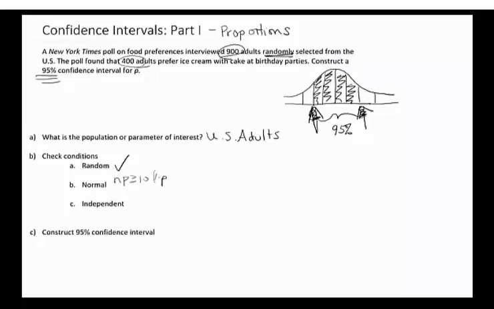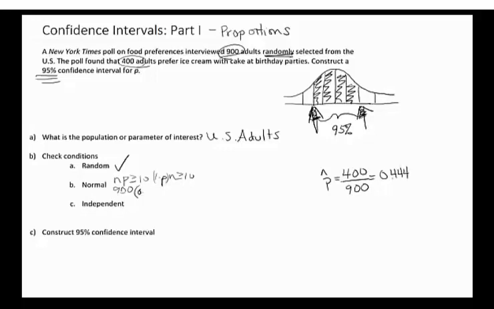So we've got to identify how many people are in our sample, 900, and what is our sample proportion. So we've got 400 out of 900. I think that works out to like 0.444. Let's keep it with the thousandths place.